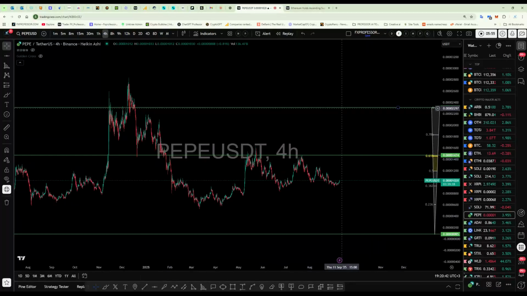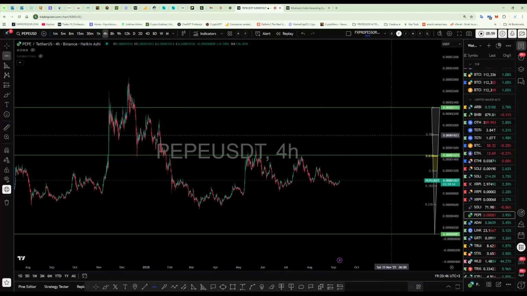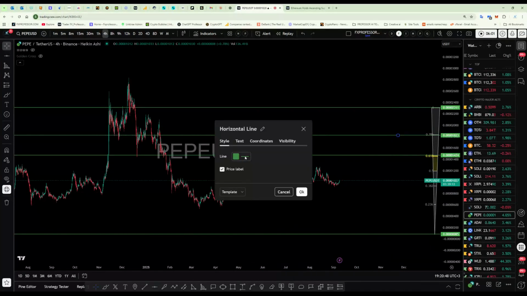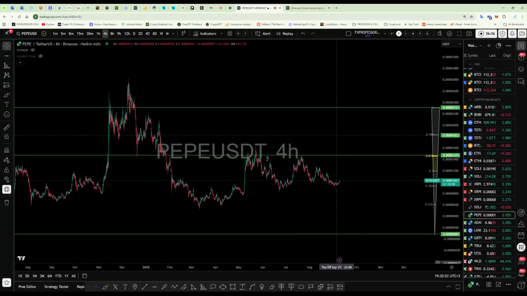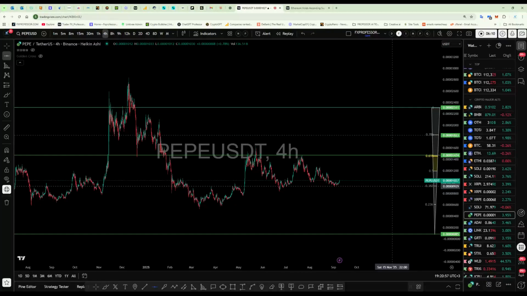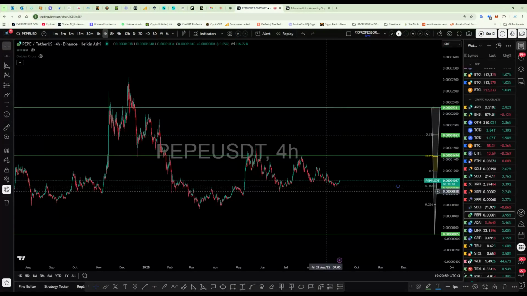Actually, I'm gonna add all these secondary levels now. So that's a level, and it's gonna go dotted like this as a secondary level, and it's very good timing because I see this 0.318, which acted as resistance, support.